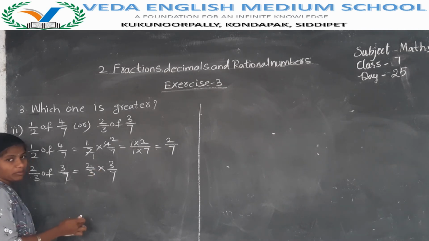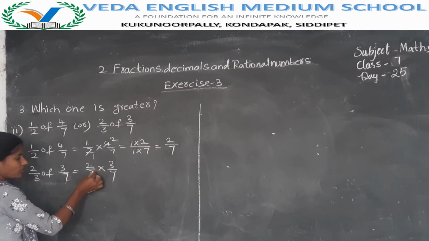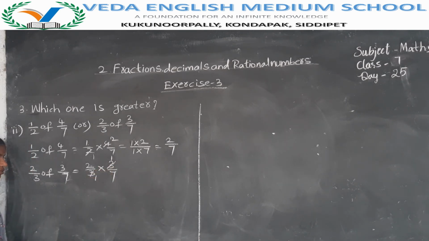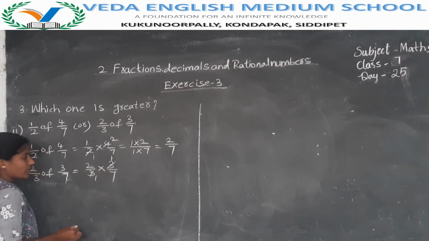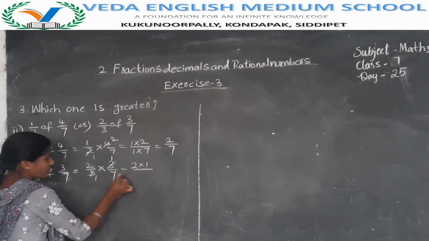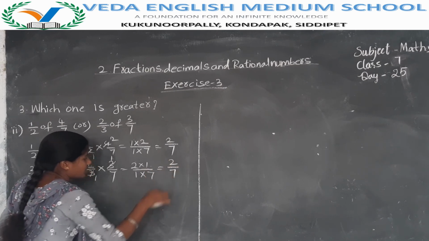Here 3 is also a prime number, but in the numerator we have 3, in the denominator we have 3. Here numerator and denominator both are same, so we have to cut. 3 ones are 3. Now, more any possibility? No. Now multiply the numerators. 2 into 1 by 1 into 7. 2 ones are 2, 7 ones are 7.